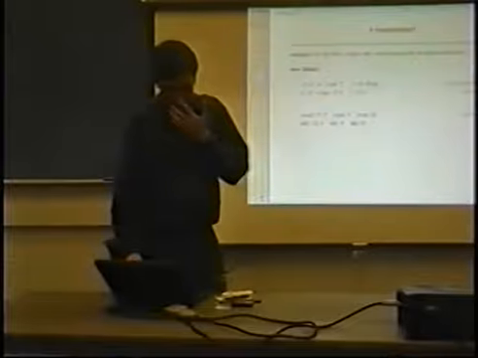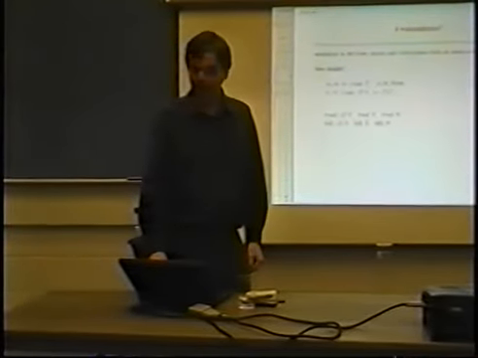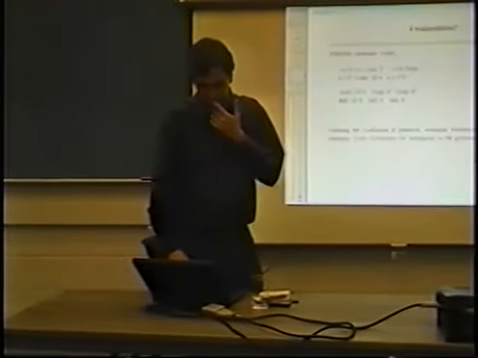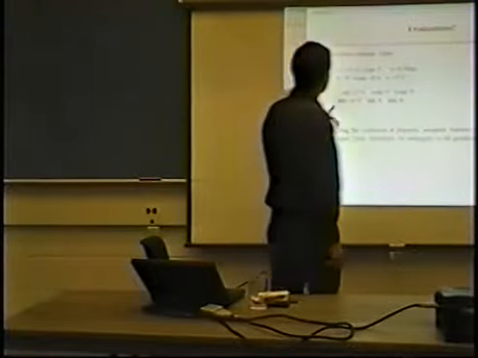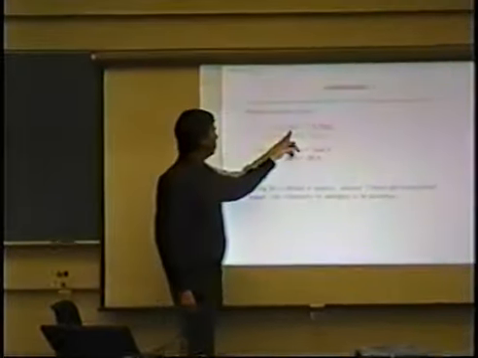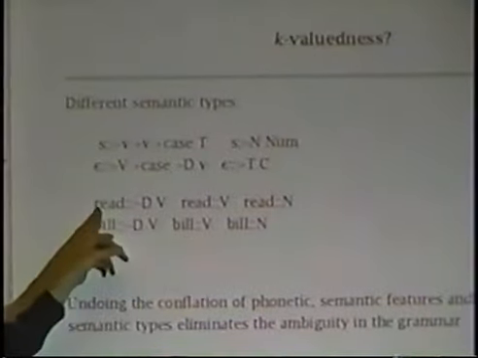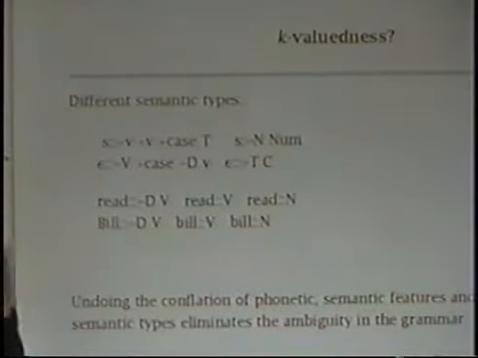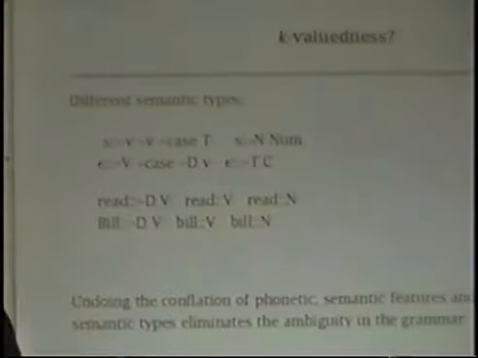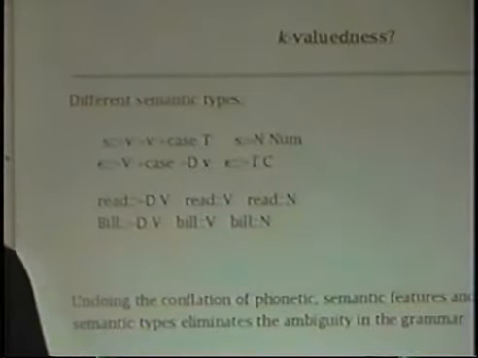But the thing about all of these cases which makes me think that they are not two different kinds, but all the same thing, is they all mean different things. All of these things have different semantic types. When I originally introduced the formalism, I said this part is supposed to represent the phonetic and semantic features.